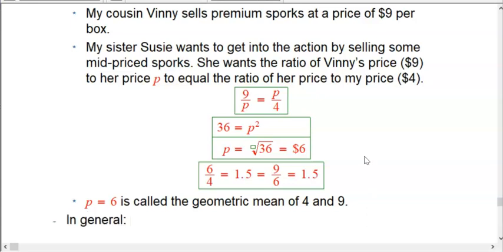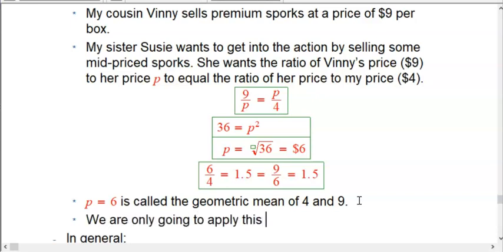Oh, and one thing you might have thought, wait a minute, I thought we need a plus or minus. This kind of stuff about geometric means very rarely would be applied to negative numbers. And so we are only, and the book certainly, only going to apply this to positive numbers. And that's pretty common.